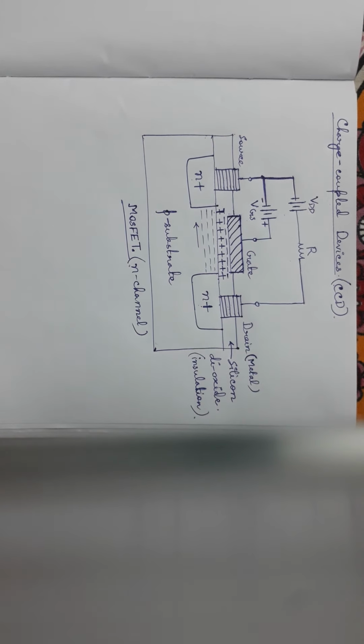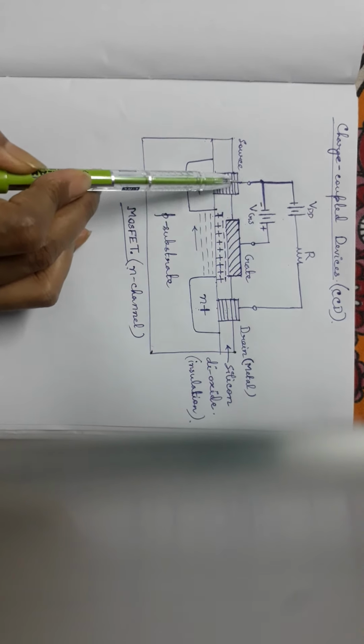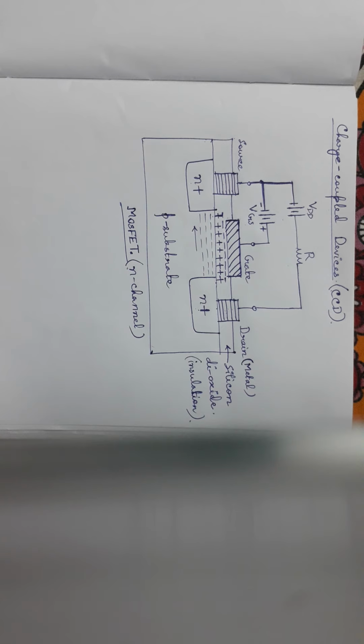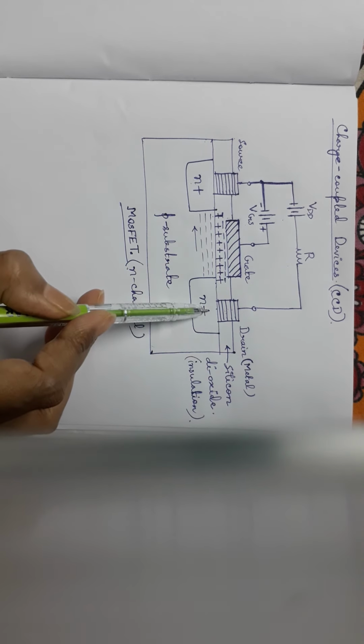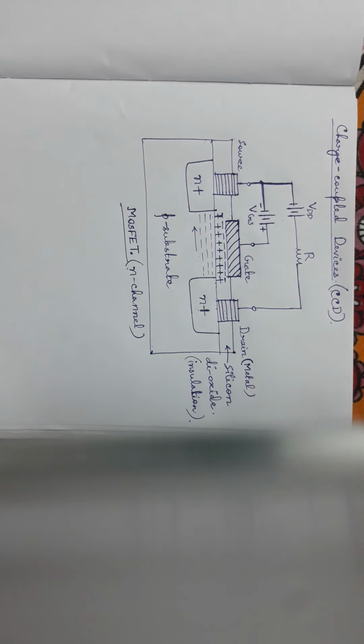Now when we keep the gate open and we apply a voltage VDD between the source and the drain, the N plus region below the drain and the P substrate become reverse biased, so that no current flows from the drain to the source.